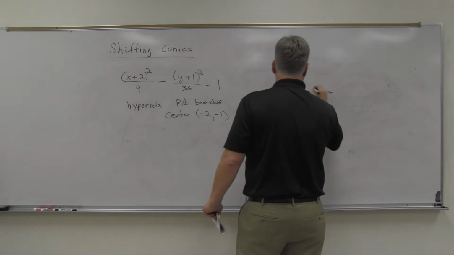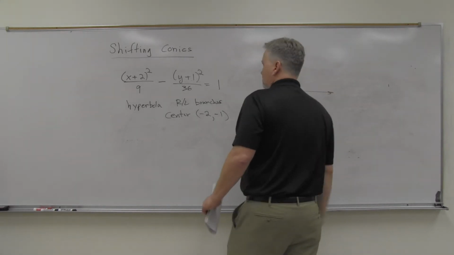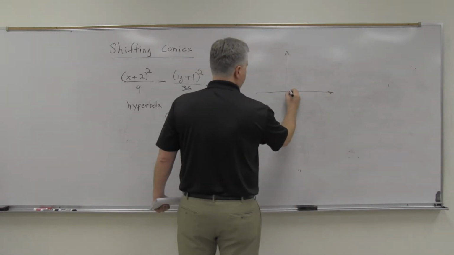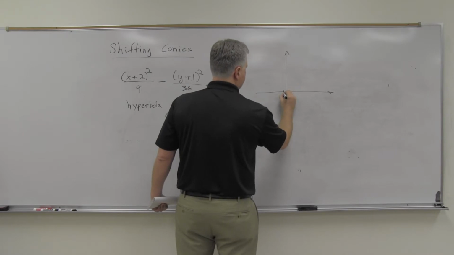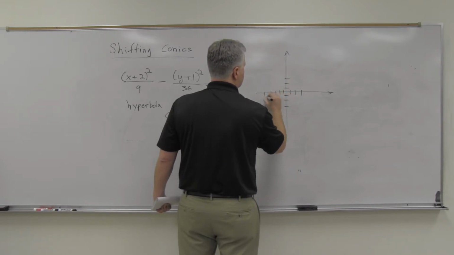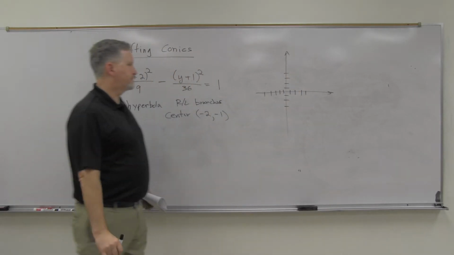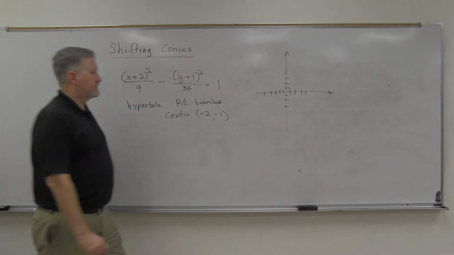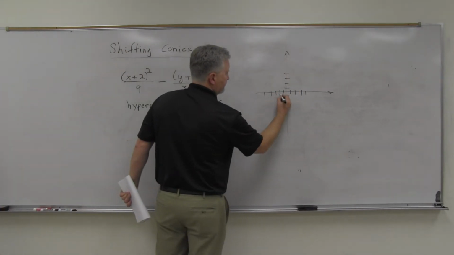So this graph looks like this. Negative 2, negative 1. I need there, but we'll expand it if we need it. All right, so the center is negative 2, negative 1, so that's right here. That's my center.